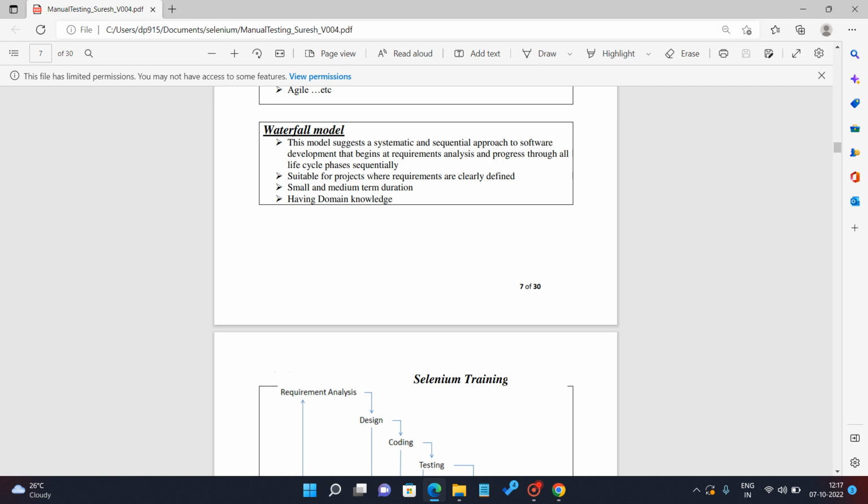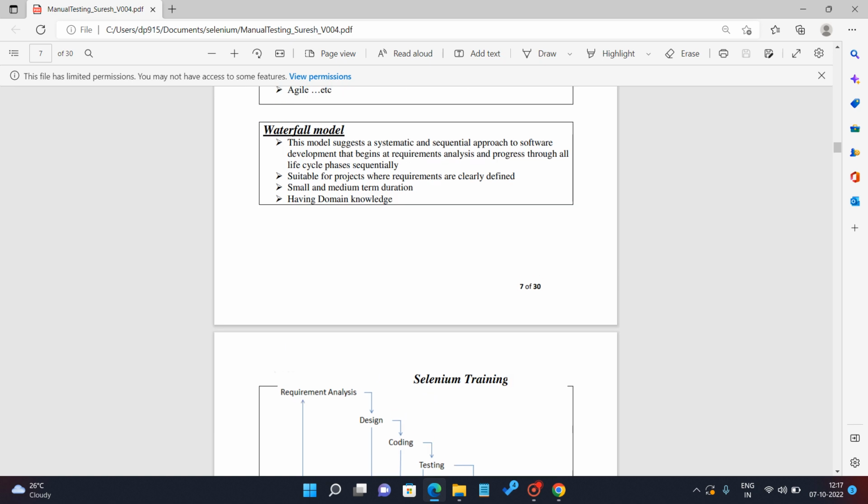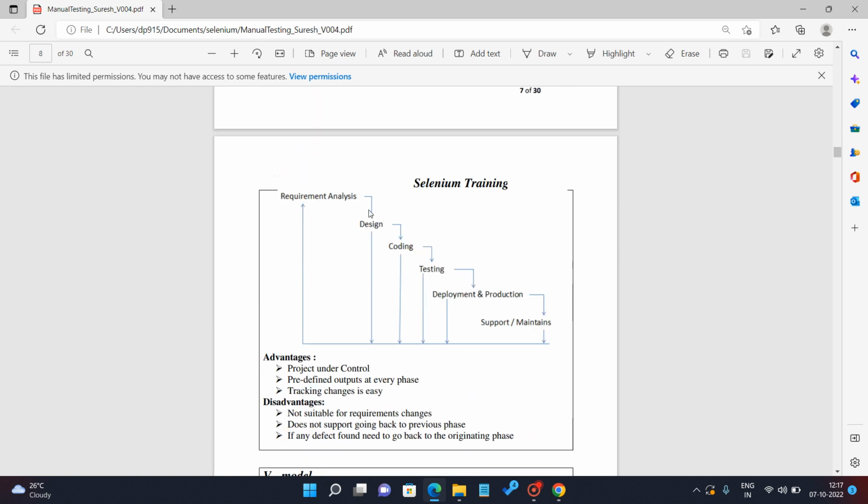It is suitable for projects where requirements are clearly defined, where each and every functionality is clear and defined in the requirement document, with small and medium duration and where domain knowledge is available.